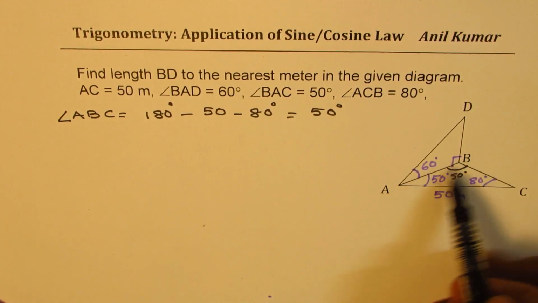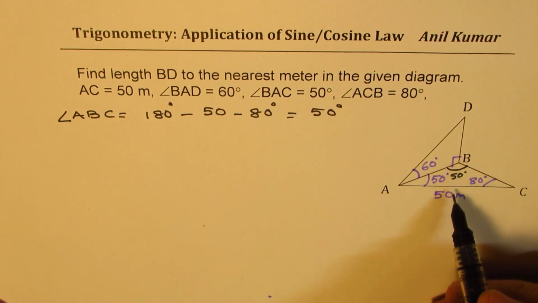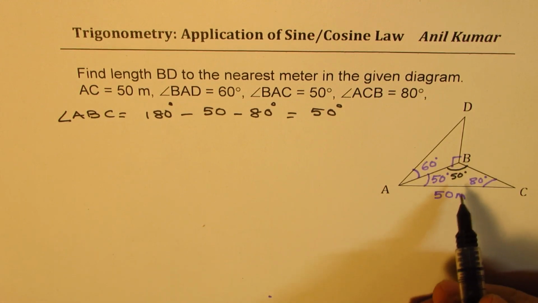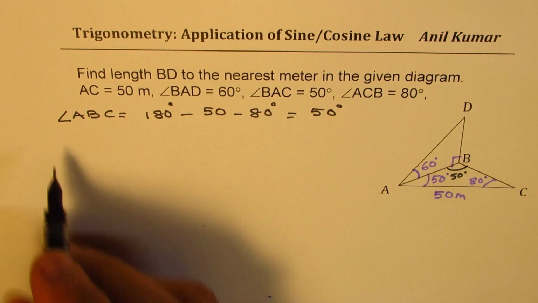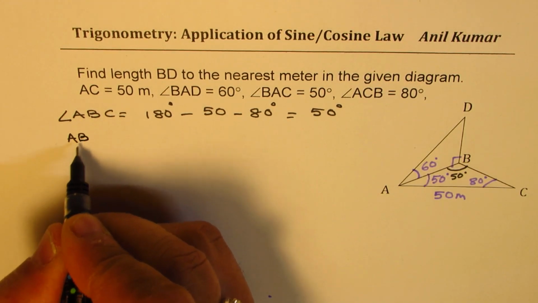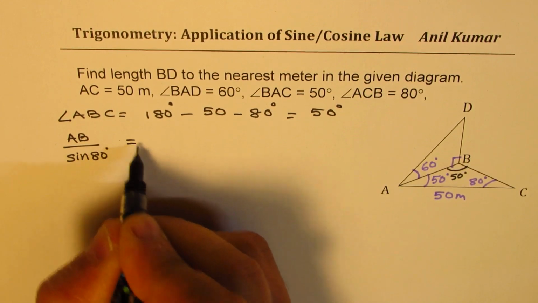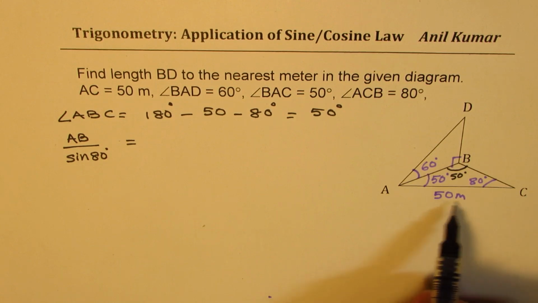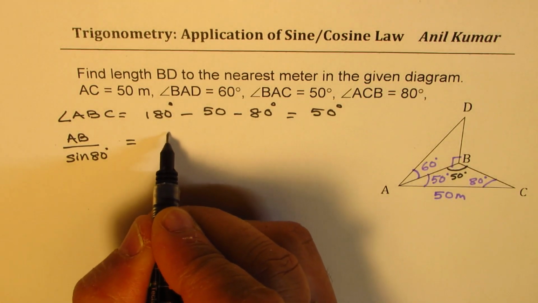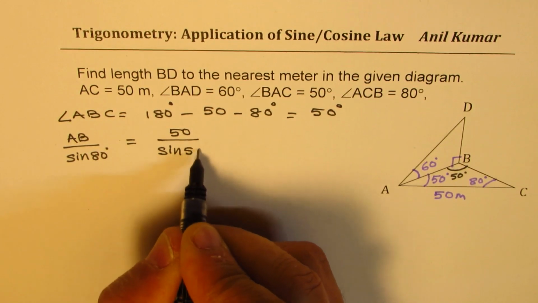So let's find AB. Applying the sine law, since we know a combination now of opposite angle and side, we'll apply the sine law. So we know sine of 80. So we can put AB on the top. So we can say AB over sine of 80 degrees is equal to AC, which is 50, over sine of 50 degrees.